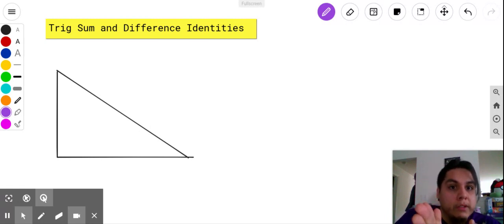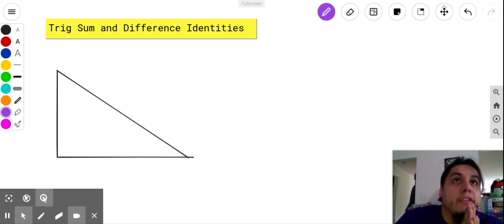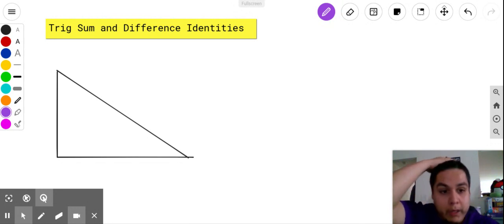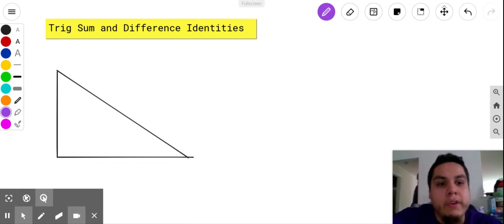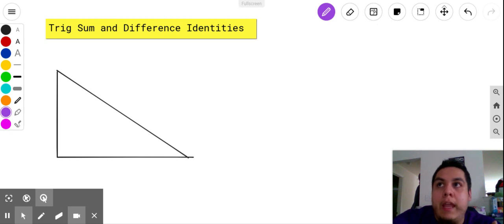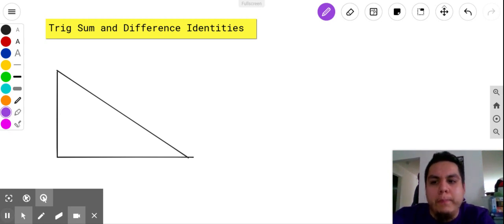There will be some miscellaneous, some that have cosine of 7 pi over 12, some that have cosine of 11 pi over 12, and some that have cosine of 13 pi over 12. So, in order to do that, they're going to give you a bunch of them, and you just want to try and... wait, that might be another activity. Let me double check real quick. I don't want to waste your time.